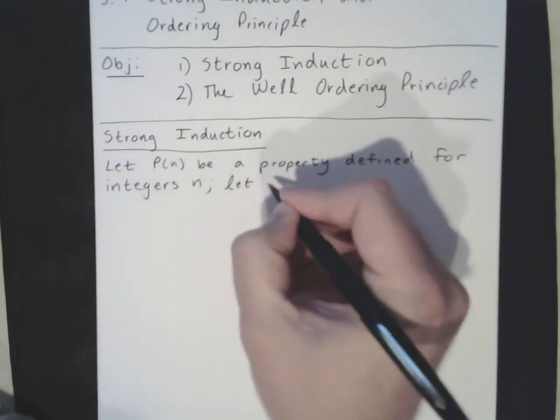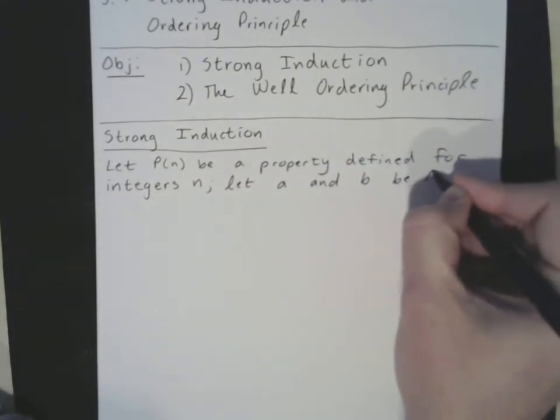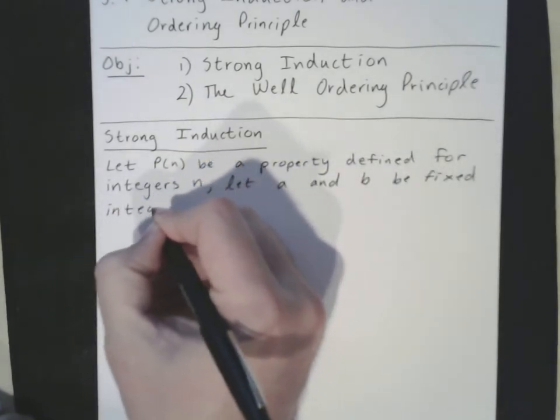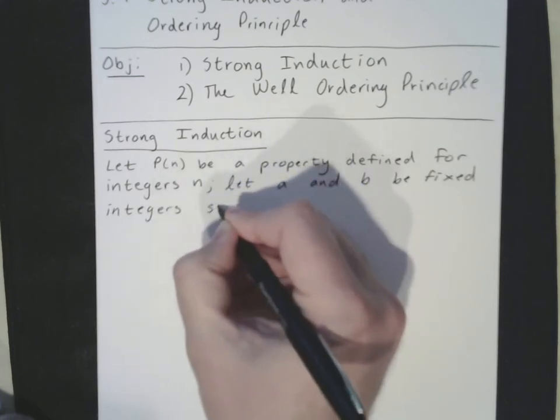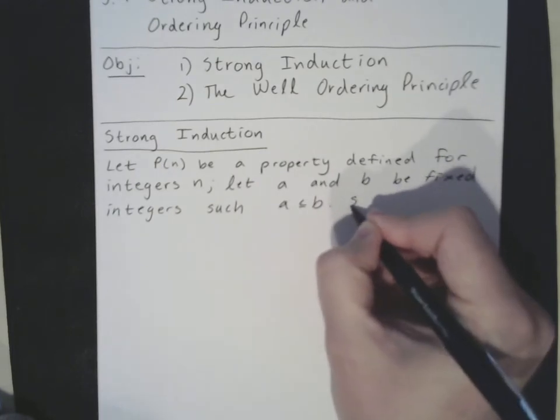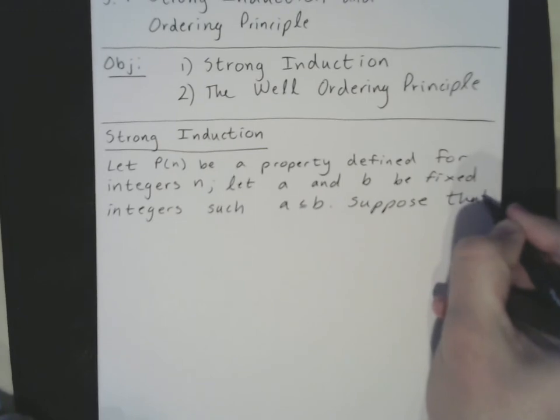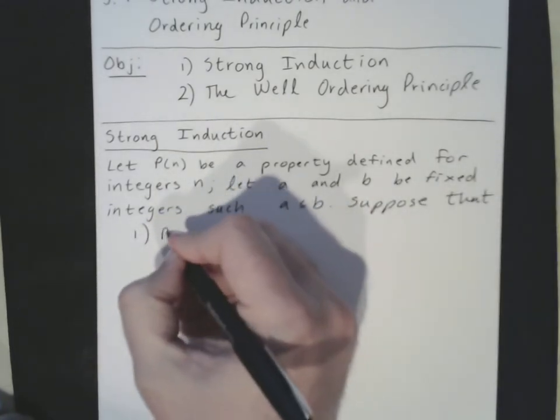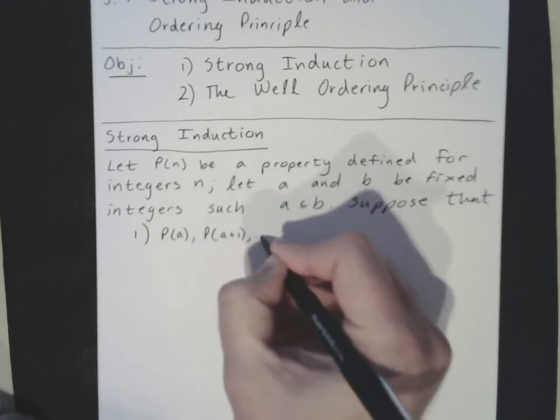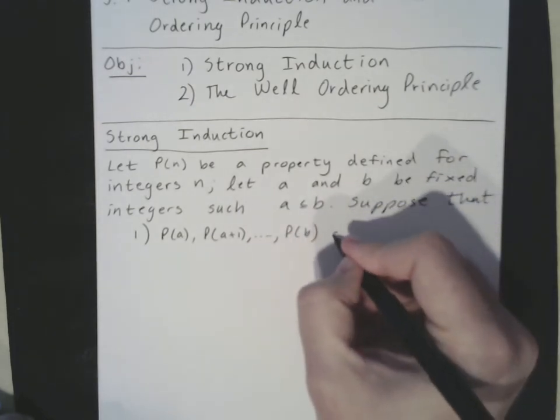Then we let a and b be fixed integers such that a is less than or equal to b. And then we suppose that number one, P of a, P of a plus 1, all the way to P of b are all true.